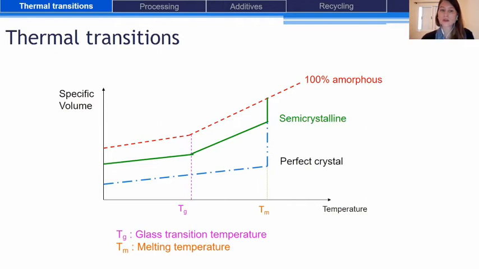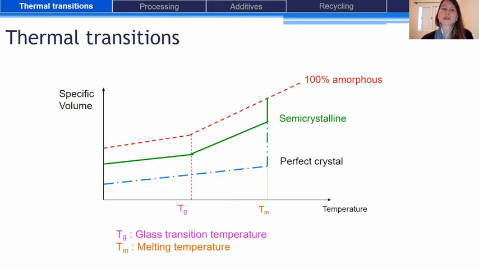That's why for the same temperature below the melting temperature, the specific volume of the 100% amorphous polymer is much higher, because there is a large free space between all the chains.